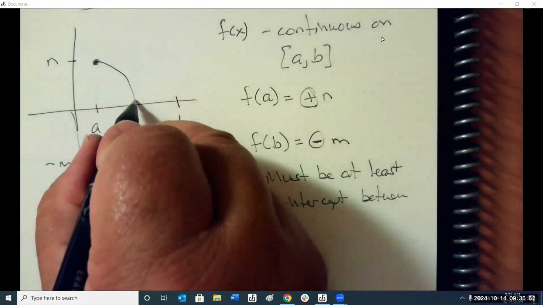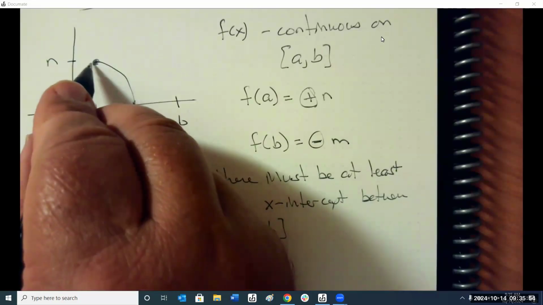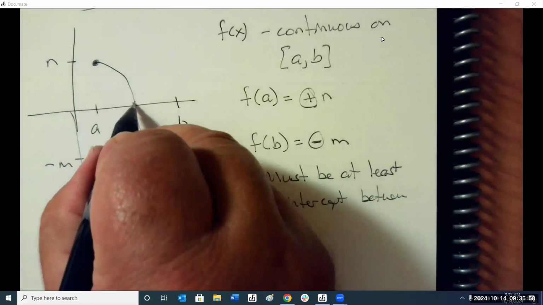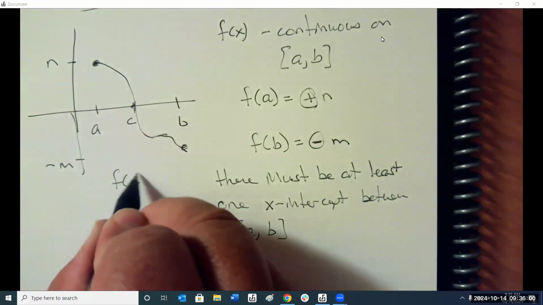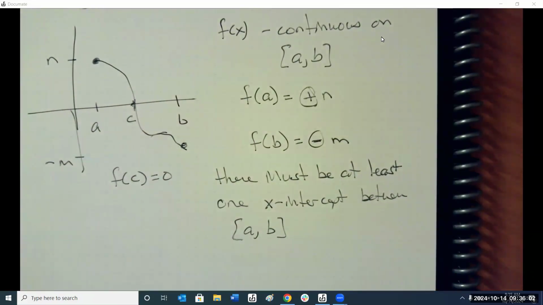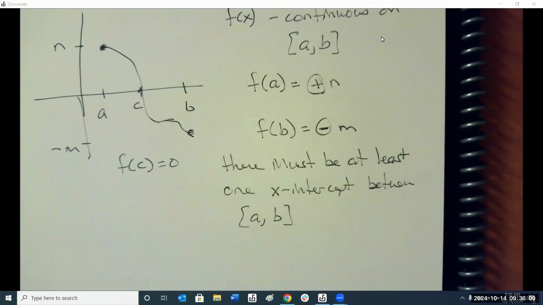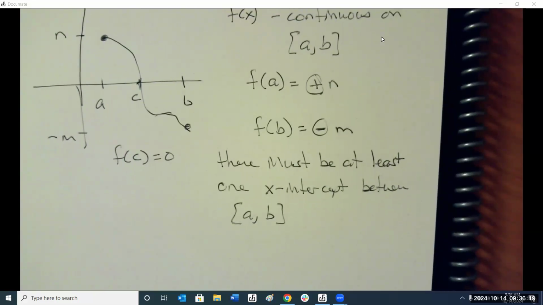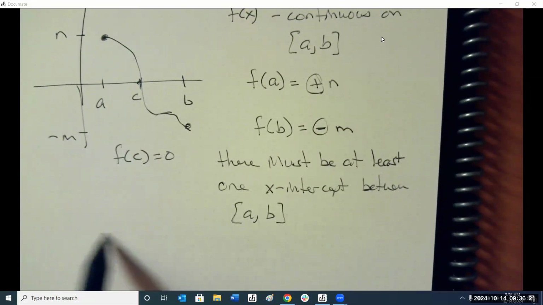In other words, if one side is positive and one side is negative, then there has to be a point in there somewhere where the function is equal to 0, the x-intercept. It doesn't tell us how many, and it doesn't tell us how to find them. It just tells us at least one exists between those 2 points. That's the intermediate value theorem.